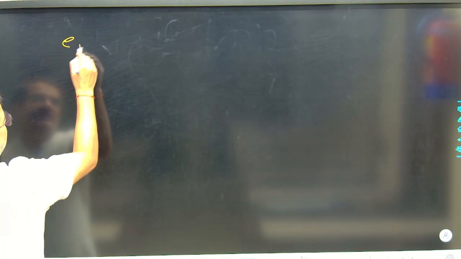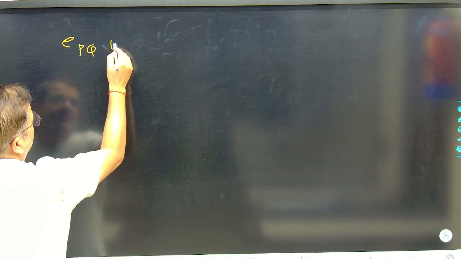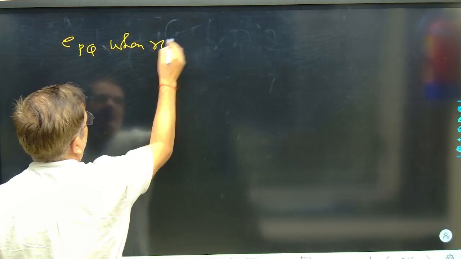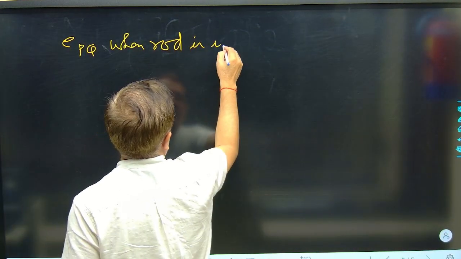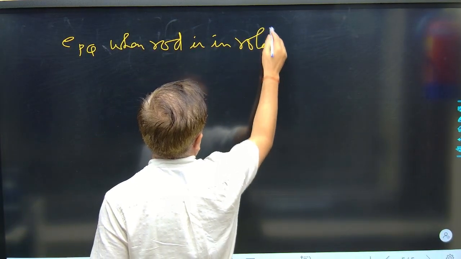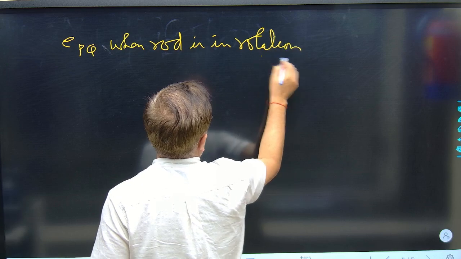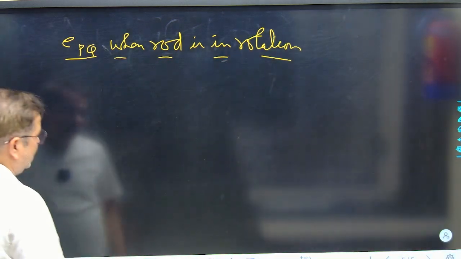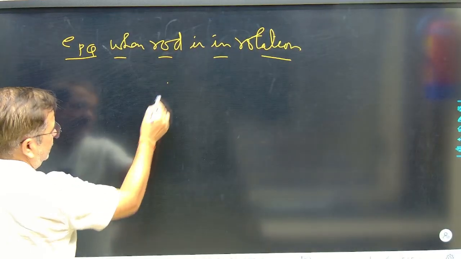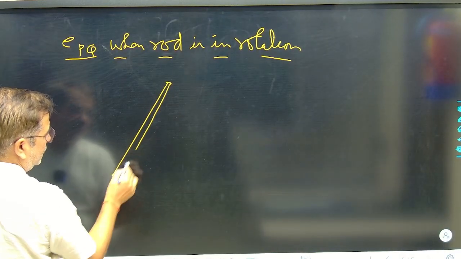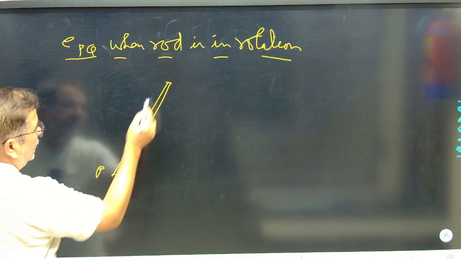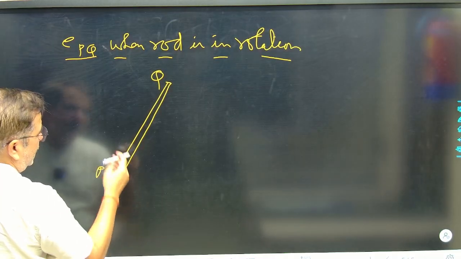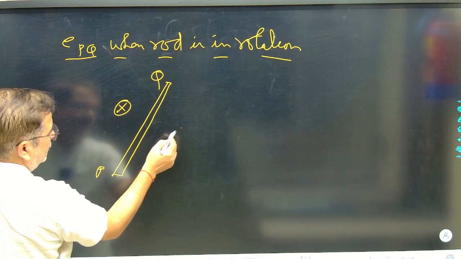What is the EMF across the end PQ when the rod is in rotation about one end? That result we can also find. Suppose I say this is the rod, this point is P, the other point is Q, and it is present in some external field.